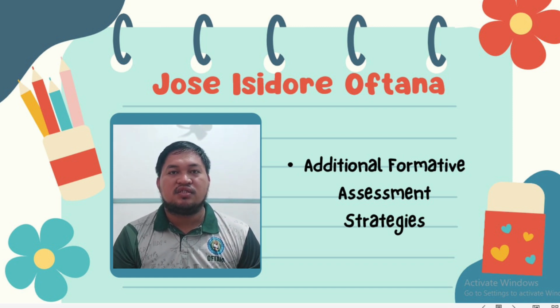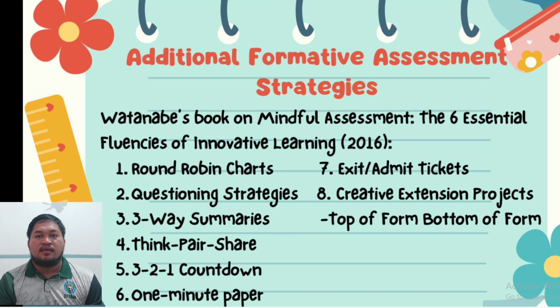The last topic in this chapter is additional formative assessment strategies. In Watanabe's book on mindful assessment, there are six essential strategies of innovative learning in 2016. First, round-robin chart. A round-robin chart is a collaborative formative assessment strategy where small groups of students pass around a chart or paper to record their responses to open-ended questions or share information on a specific topic.